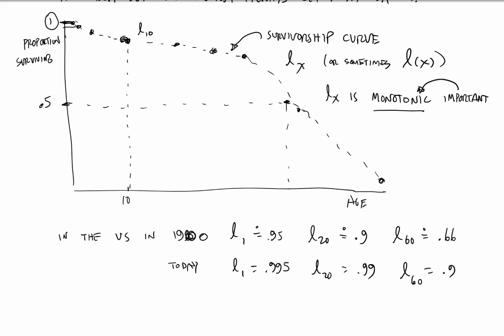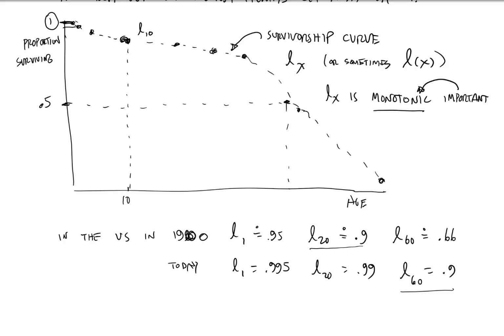So today in the United States, we have about the same survivorship up to age 60 as we had up to age 20 in the year 1900.